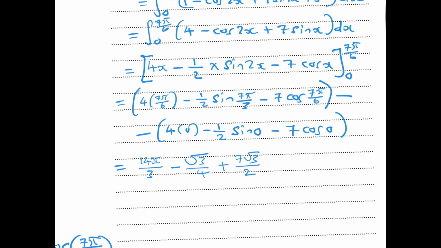That's what we are having. All right. So that's in the first bracket, minus 4 times 0, that gives us 0. And of course, sine of 0, it's 0 also. This part here, cos of 0 is 1. So 1 times negative 7, what are we going to get? We are going to get negative 7. Okay.